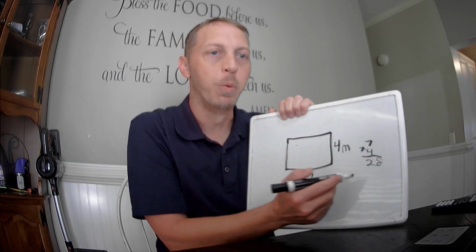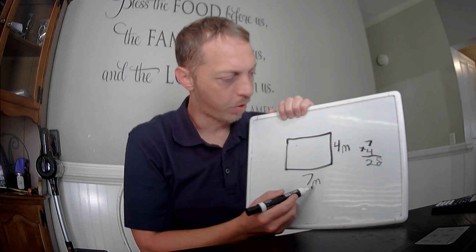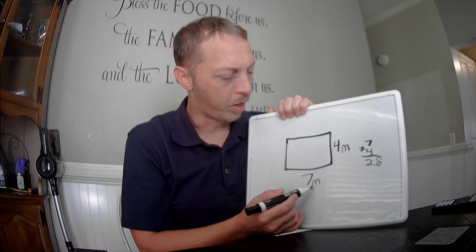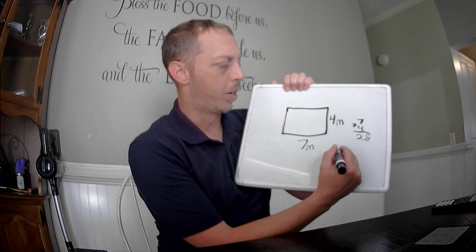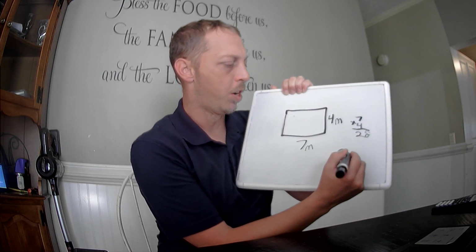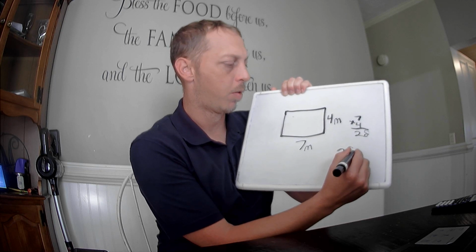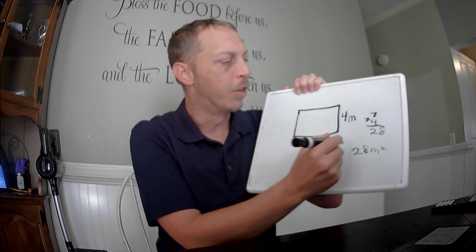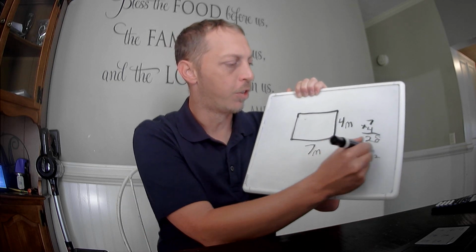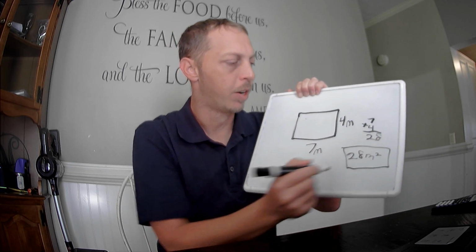But it's not just 28, because you have a measurement here. These are meters. So my answer will end up being 28 meters squared. And that is meters squared because you use two measurements, right?